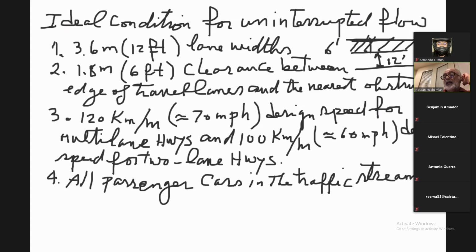So that means no trucks, no buses, no RVs. If you have this situation, we call that ideal condition.